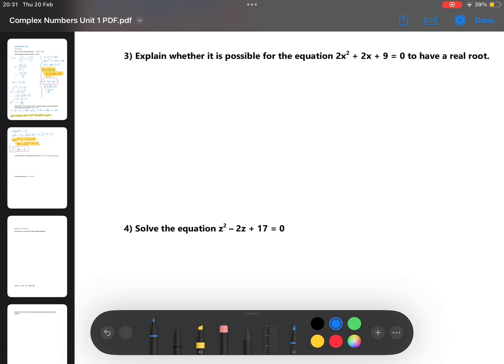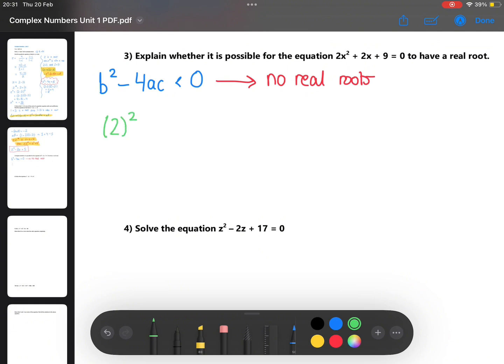I won't go into it in too much detail, but it's to do with the discriminant, which is b squared minus 4ac. And the rule is that if b squared minus 4ac is less than 0, then there are no real roots to the quadratic equation. And so in this case, we simply need to substitute into b squared minus 4ac.